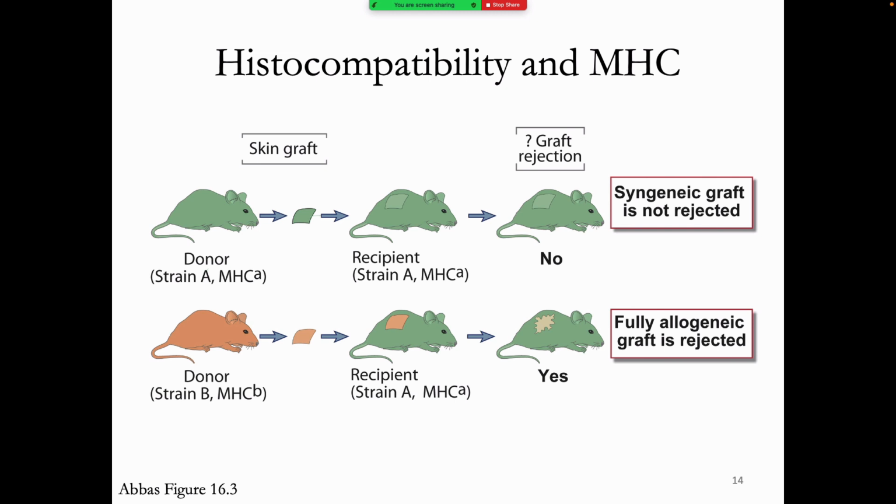You can also see a situation where we have a mismatch. So we've got a mouse of strain B, a recipient of strain A, a fully foreign graft, fully allogeneic graft, rejected. Experiments like these are actually how mouse MHC genetics were worked out. And there was a Nobel Prize given for experiments like these.